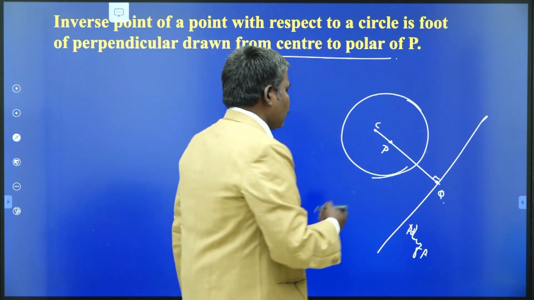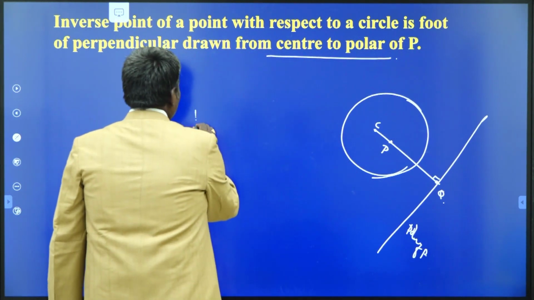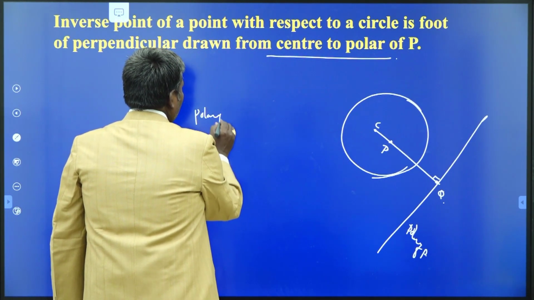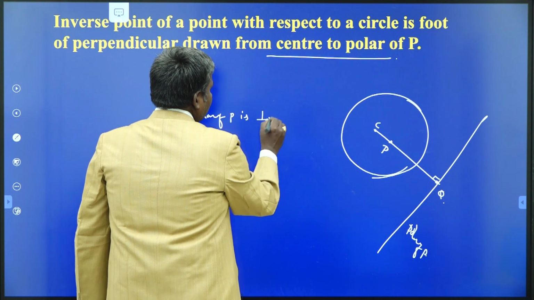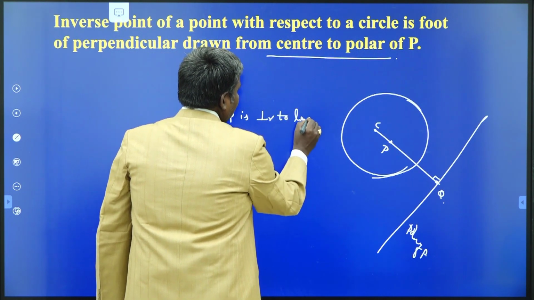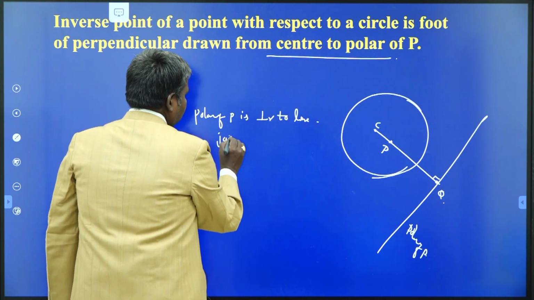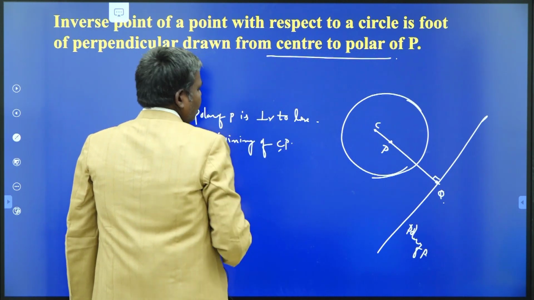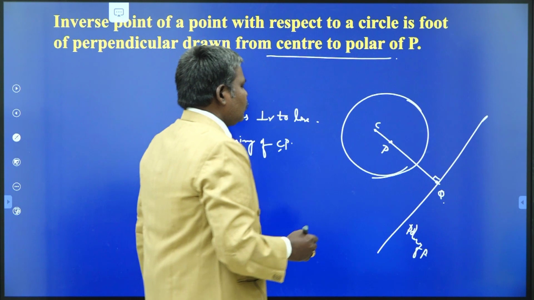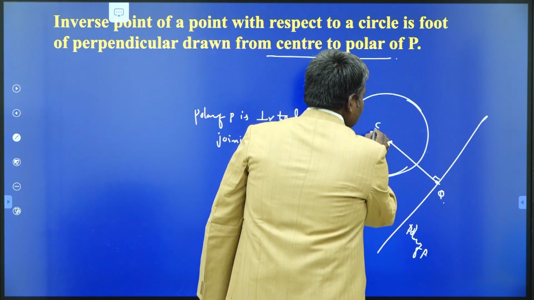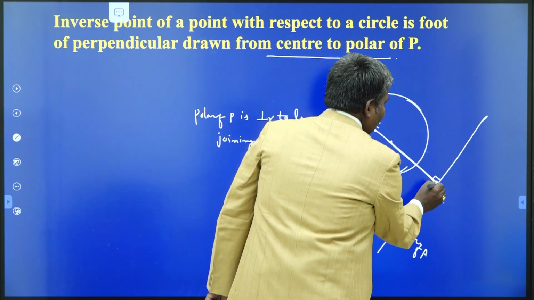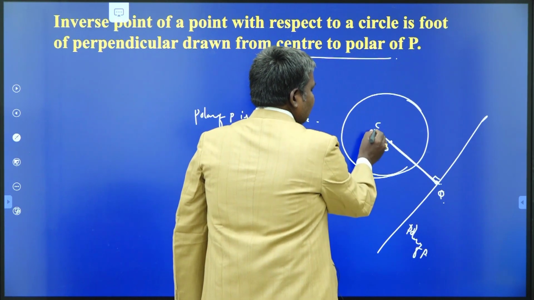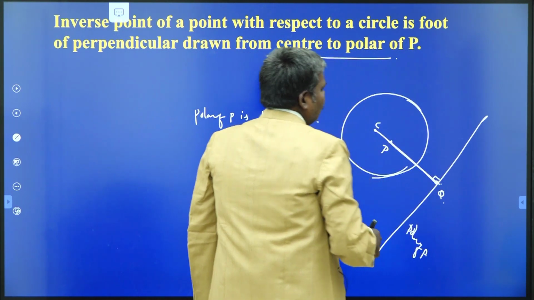Yes, this is the polar of P. The polar of P is perpendicular to the line joining CP. So when they are perpendicular to each other, is it the foot or not? This is the foot of perpendicular drawn from center or P to the polar of P.